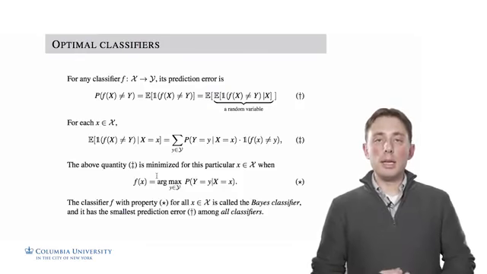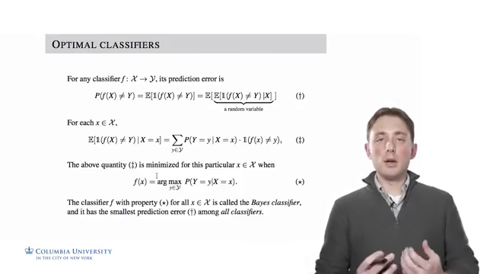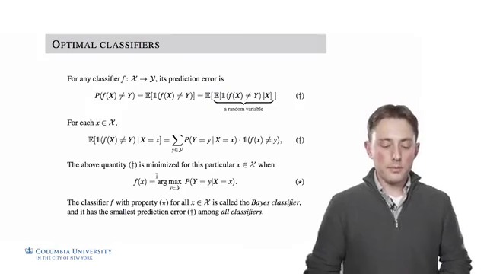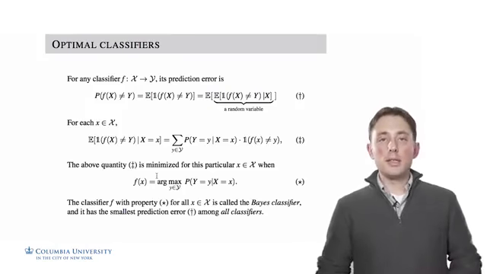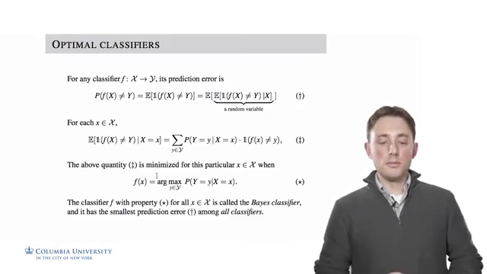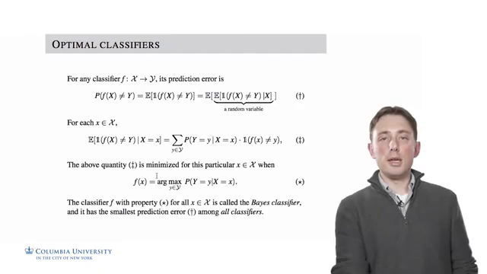So if we get our labeled data as IID from some underlying distribution from nature, and then for every single x, we predict the label to be the most probable label according to that distribution, then we're going to minimize our probability of making an error.